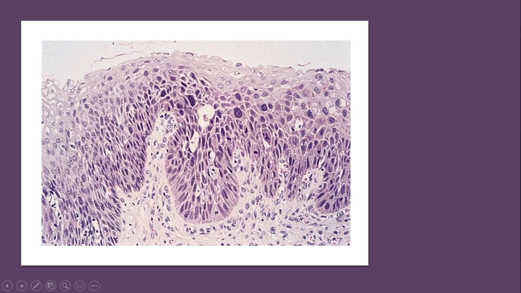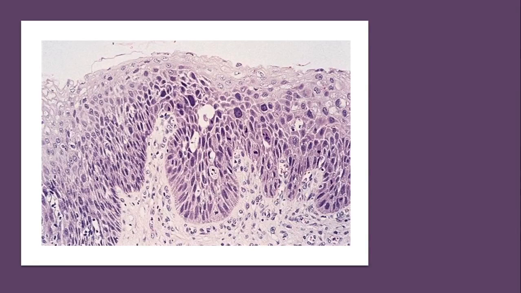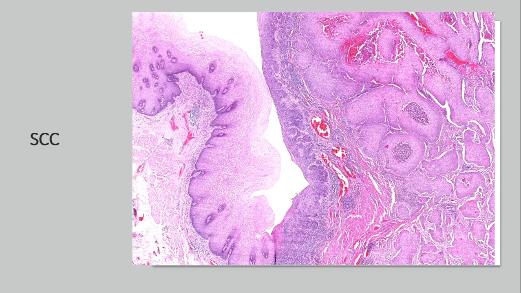There is no invasion till now, but there are features of malignancy like aberrant mitosis. So this is a picture of carcinoma in situ, severe dysplasia, equivalent to carcinoma in situ of the lower esophagus.